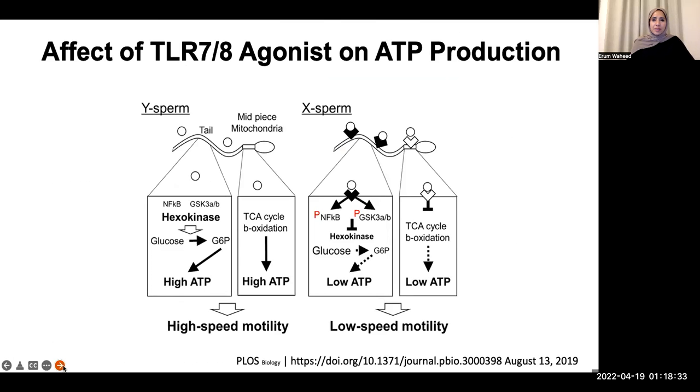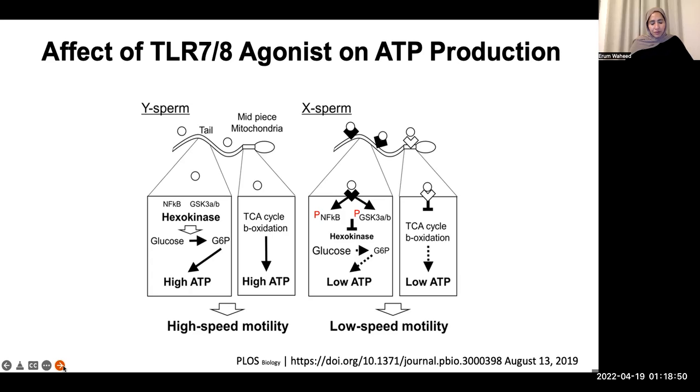Effect of toll-like receptor 7 and 8 agonist on ATP production. The agonist binds to its receptor on the X sperm, which is present on the tail of the X sperm.